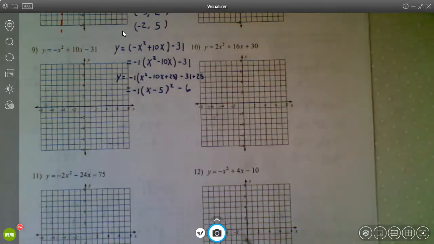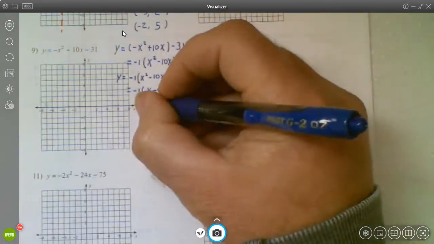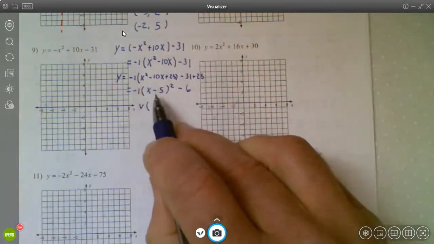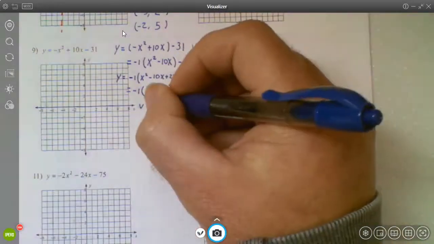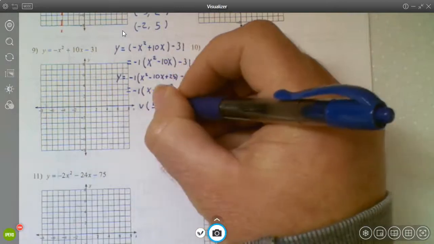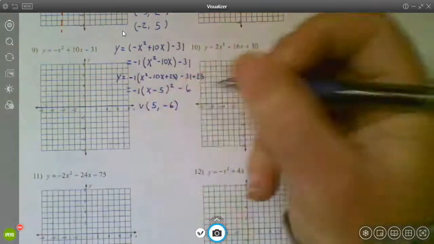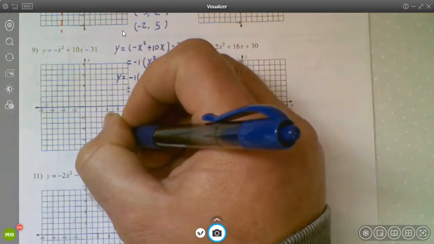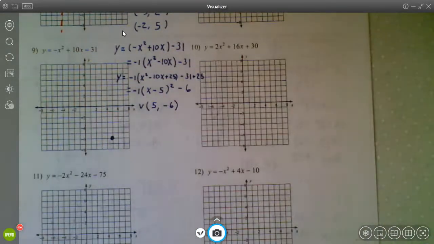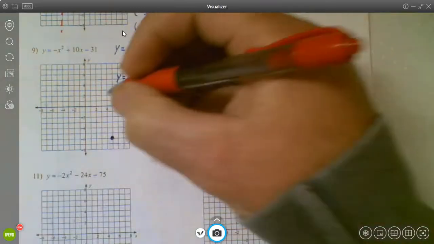Okay, so let's look at this one. Again, let's identify the vertex, which is positive 5, negative 6. So 5, negative 6 is going to put me right there. Our axis of symmetry would be x equals 5.